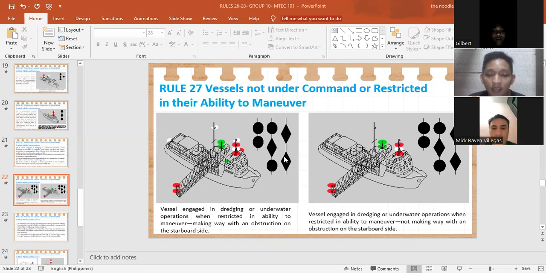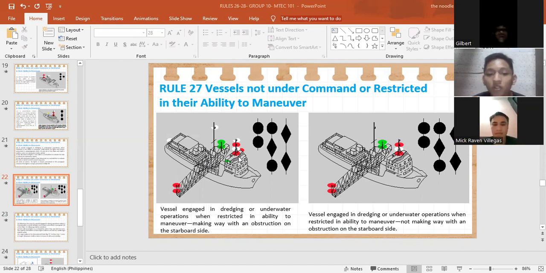And on the ahead part of the vessel, in daylight, it would be two diamond shapes. In the stern light we do have a white light, and since it is making way, we do have side lights, which are green and red.